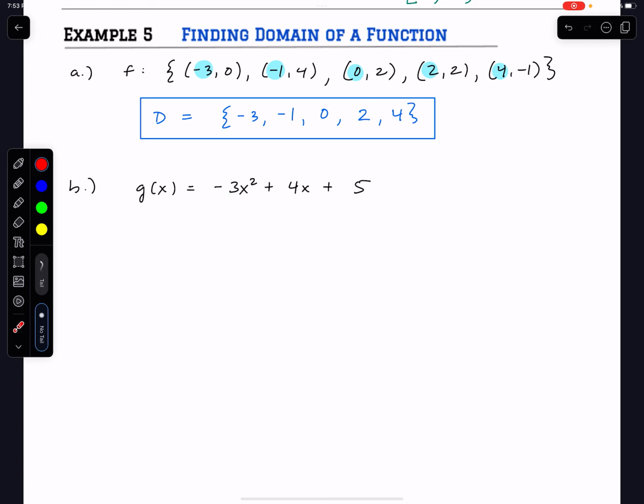If you remember from Math 2 and Math 3, the domain of any quadratic function, any parabola, is all real numbers. So to write that in interval notation, the domain is going to be equal to -infinity to infinity.